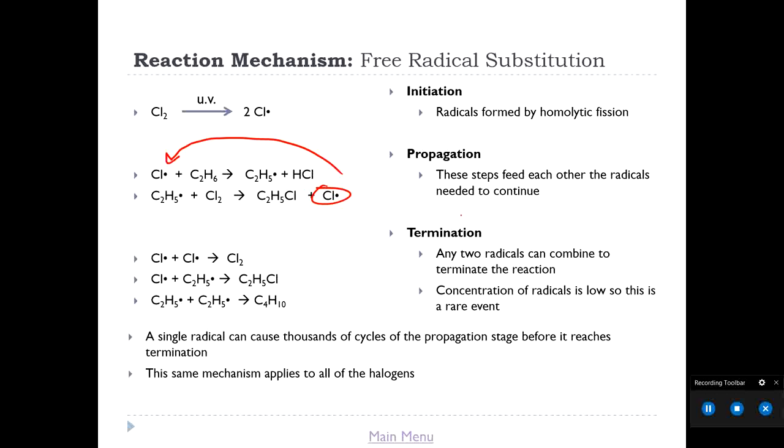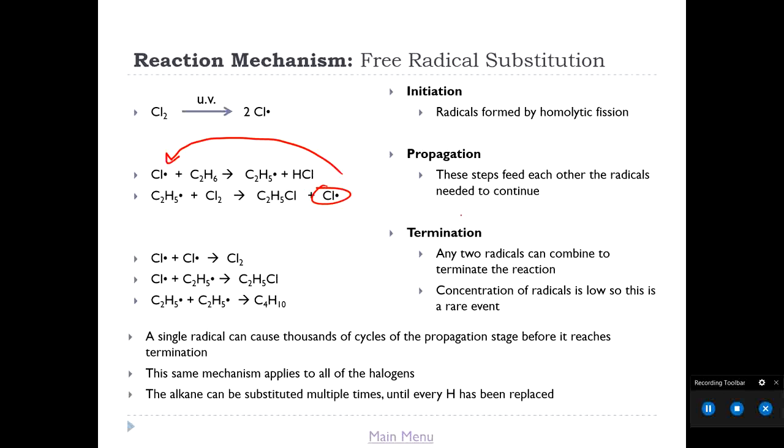This same mechanism, free radical substitution, 3 steps: initiation, propagation, termination, applies to any halogen. We don't have to use chlorine; we can replace it with bromine or fluorine or iodine. Any of them apply, and we can react them with any alkane to make a halogenoalkane. That's the purpose of this: to change an alkane to a halogenoalkane.